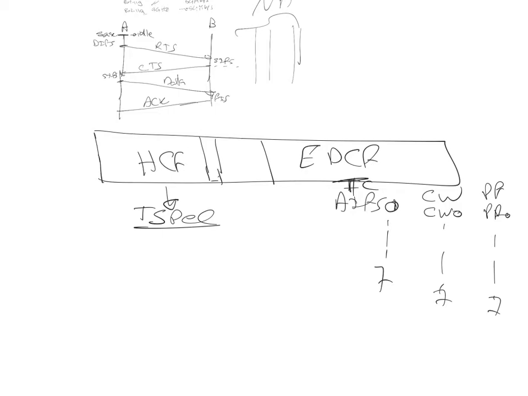We send our bandwidth requests either by implicit or explicit, doesn't matter. As part of HCF, in which case we use the contention-free period to send our bandwidth requests, or we send it in EDCF period, in which case it's contention-based bandwidth request, okay?